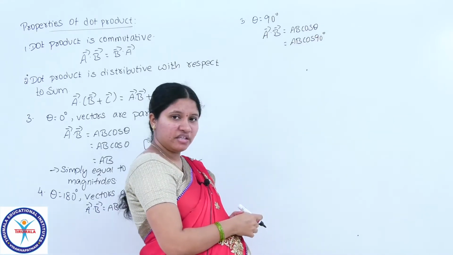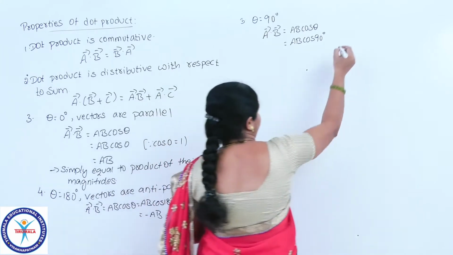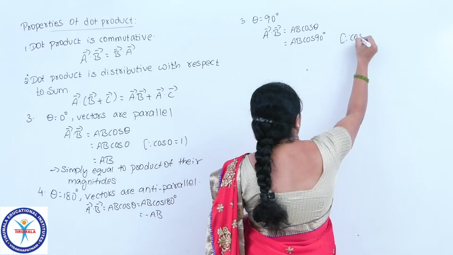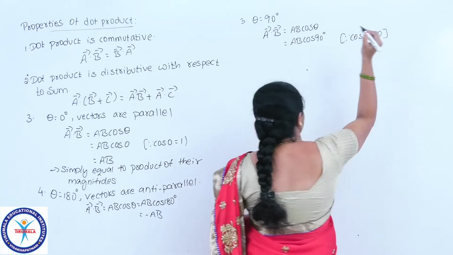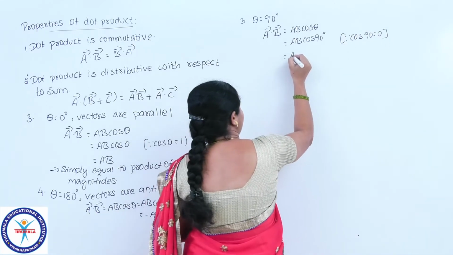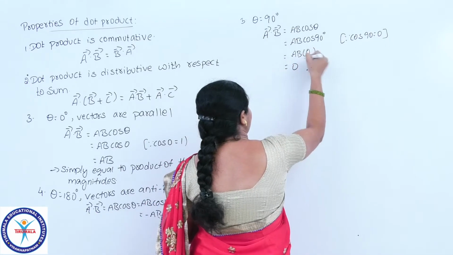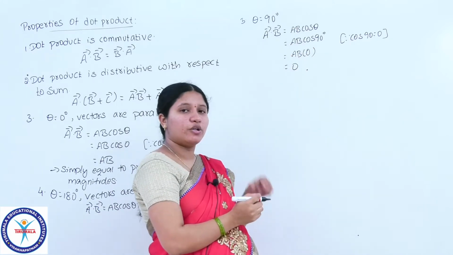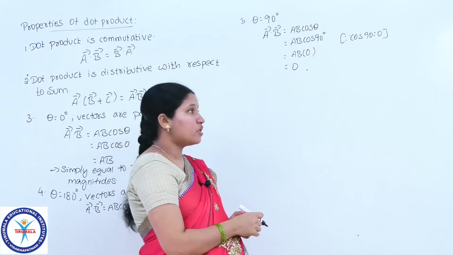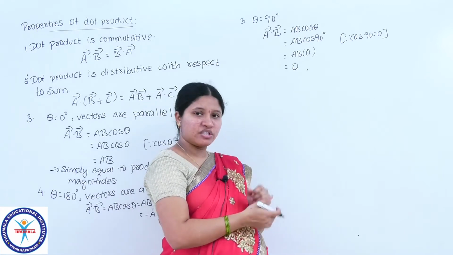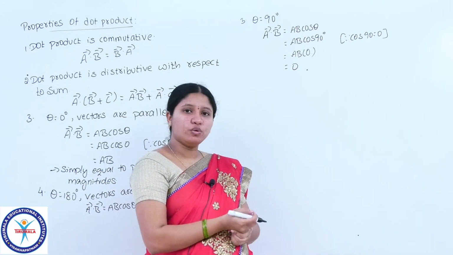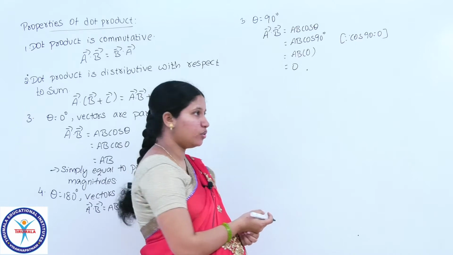So cos 90 value is equal to 0. So we get ab into 0, so we get the dot product as 0. So as we get the dot product as 0, we can say that the two vectors are perpendicular to each other.